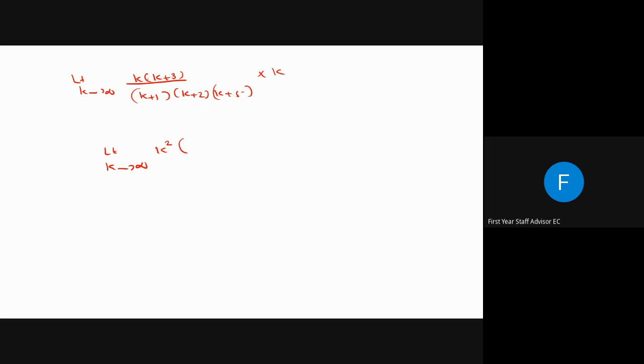From here take k outside, so 1 plus 3 by k remains. From this term take k, that means 1 plus 1 by k; from this term 1 plus 2 by k; and from here 1 plus 5 by k.